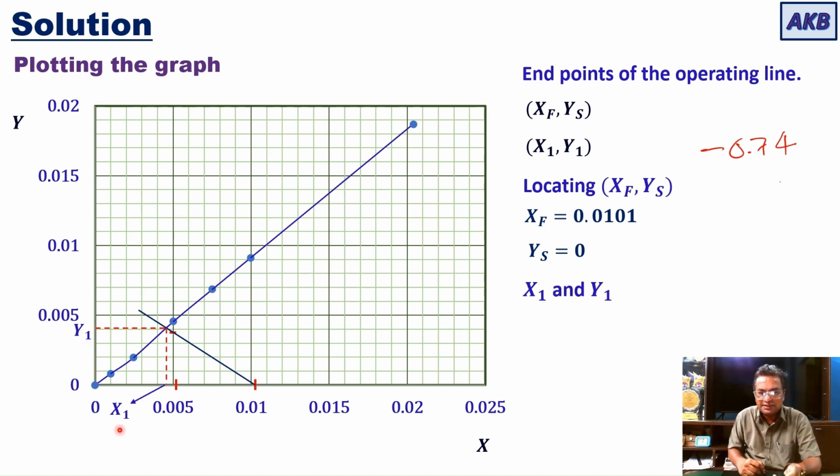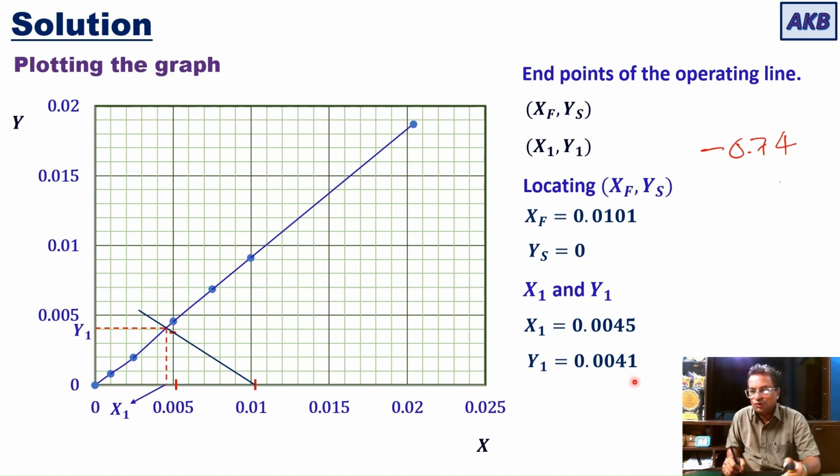So in this case, x1 comes out to be 0.0045, and y1 in this case is 0.0041. So that was my objective. After plotting the operating curve, I have got the values of x1 and y1. Now I will use these values for calculating percentage extraction.